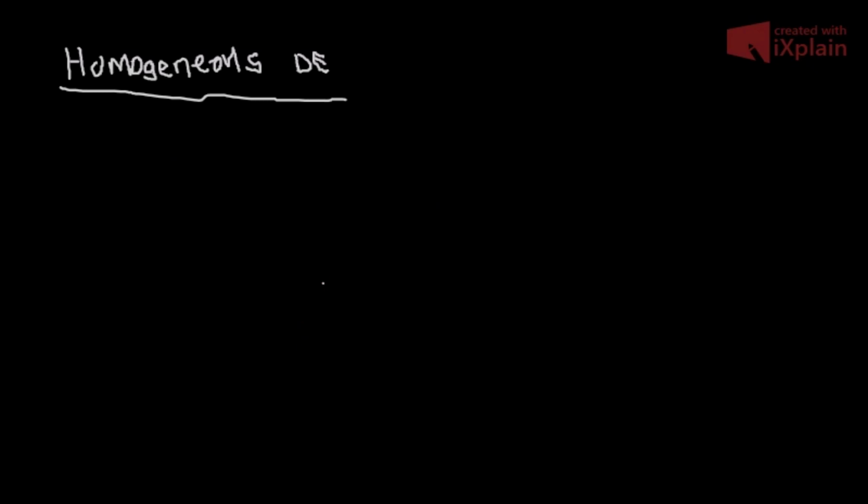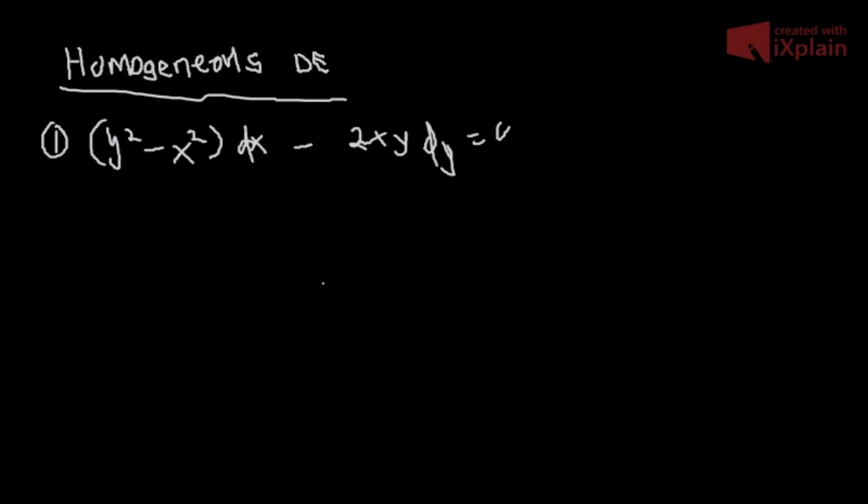Say you're given a question like (y squared minus x squared) dx minus 2xy dy equals 0.